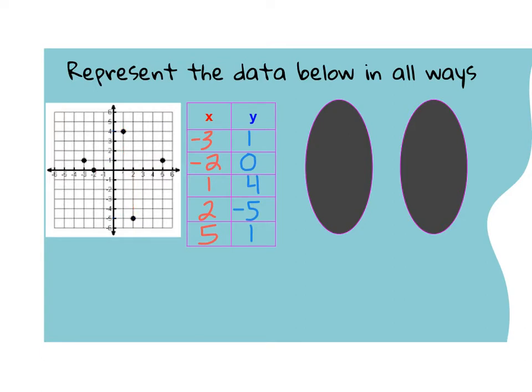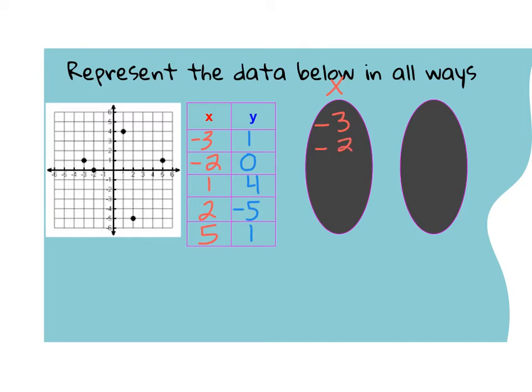And now I'm going to take those exact points and I'm going to list them on the mapping diagram. Now when we list them on the mapping diagram, the x values are on the left and we write them from smallest to biggest. So as you can see, they are already listed from smallest to biggest.